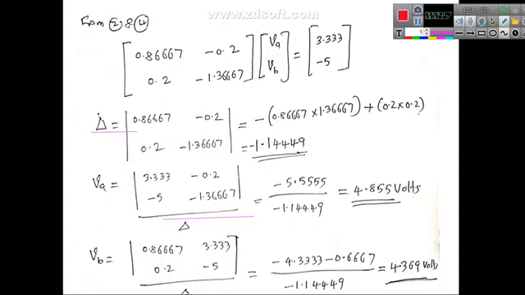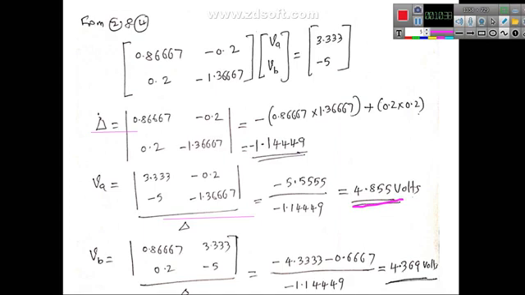Now you have put equations number 2 and 4 in matrix form. Then you can find the values of VA and VB by determining the delta. Here the delta value is equal to minus 1.1449. Similarly for VA, you take the modulus after replacing the first column by this value and divide by delta, so that gives VA equal to 4.855 volts.